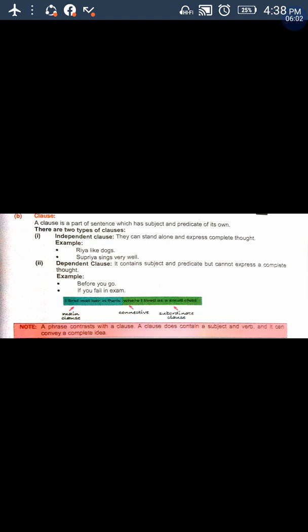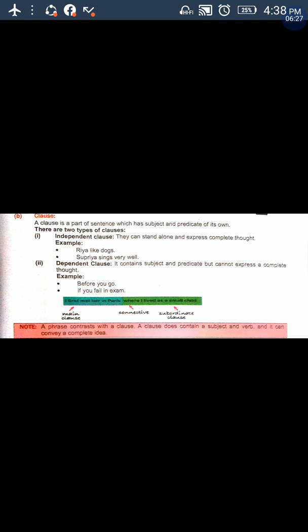A dependent clause contains a subject and predicate but cannot express a complete thought. It needs an independent thought with it in order to complete its sense. See here, two examples which I have typed out are: "before you go" and "if you fail in exam."